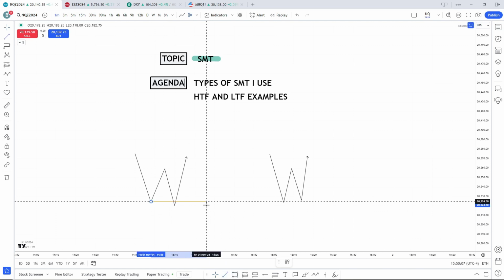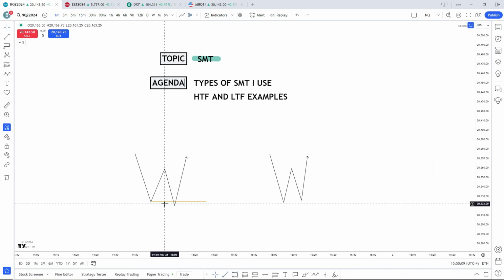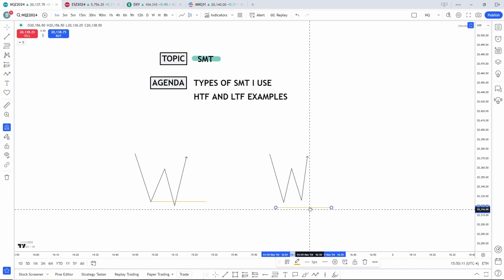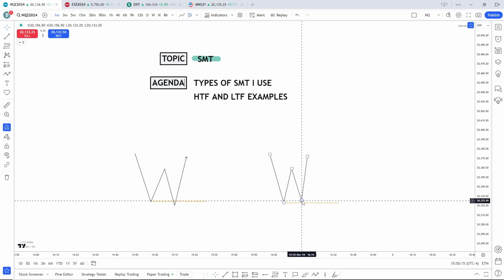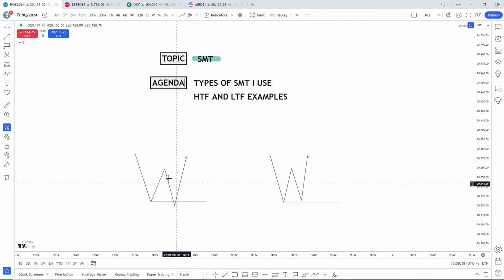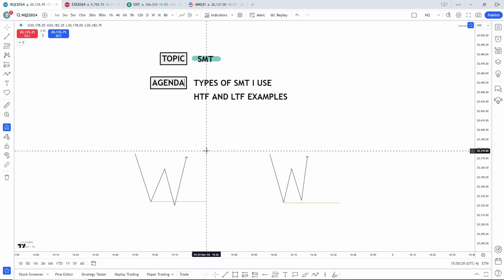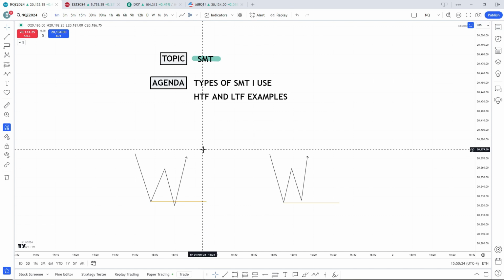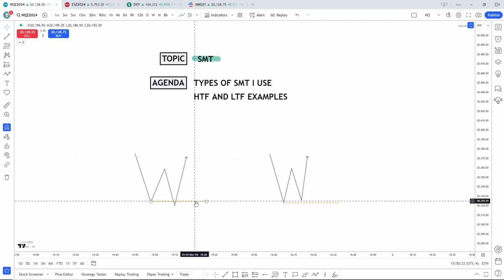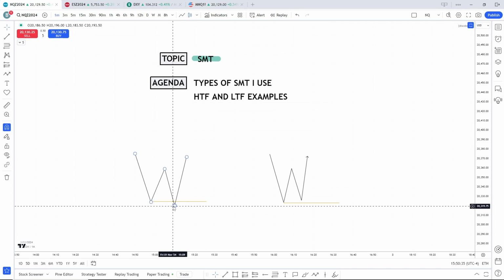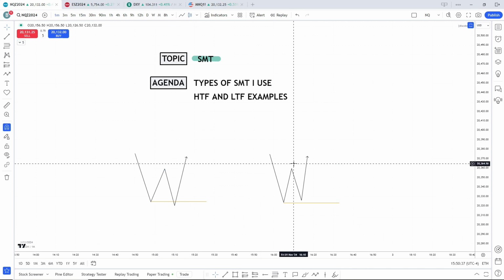Seeing that NQ takes this swing low and ES does not, that is SMT, otherwise known as smart money technique, smart money tool. I like to call it smart money time because often it tells me when the SMR is happening, which I will get into. So it's a very simple layperson explanation of what SMT is.